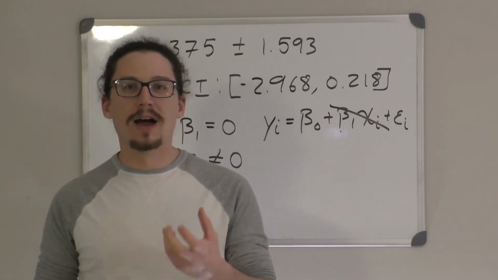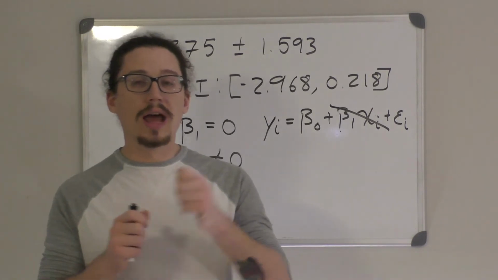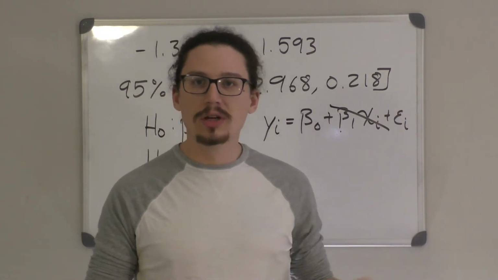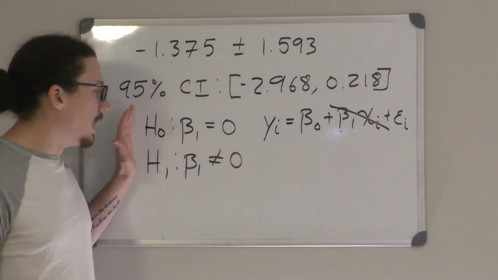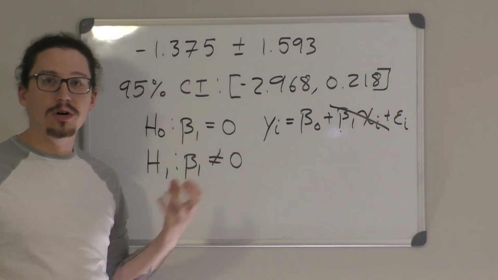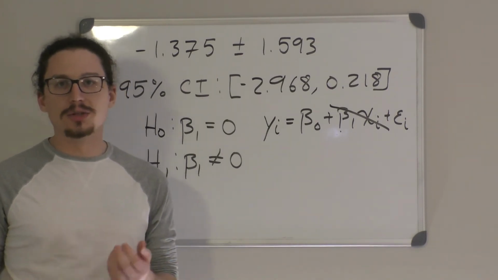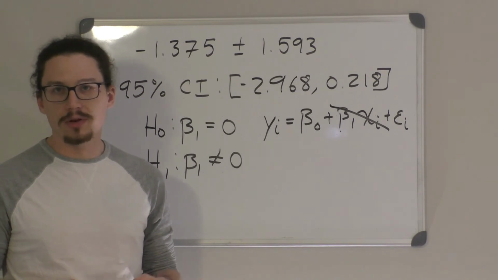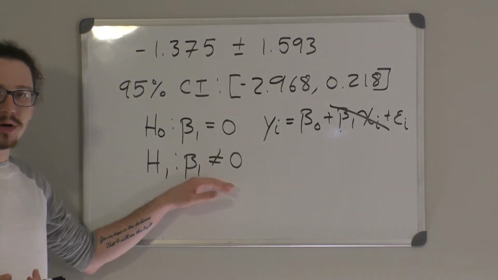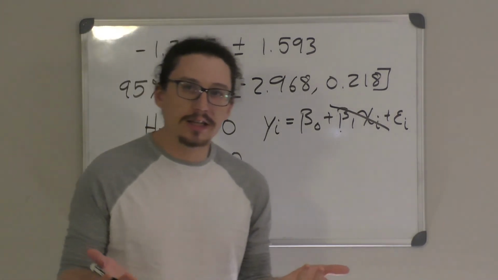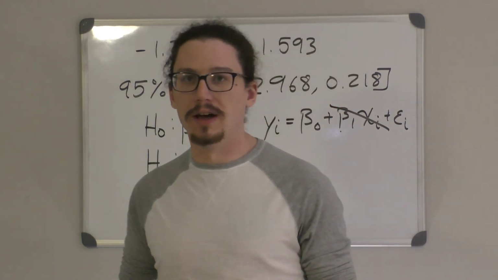Because if our independent variables don't have an effect on our dependent variables, then we don't want them in our model. If the parameter, beta 1 or whatever we're looking at, is not significant, then we don't want whatever's attached to it in our model. We need to figure some other things out. And of course, if beta 1 does not equal 0, it means that there is some statistically significant effect.